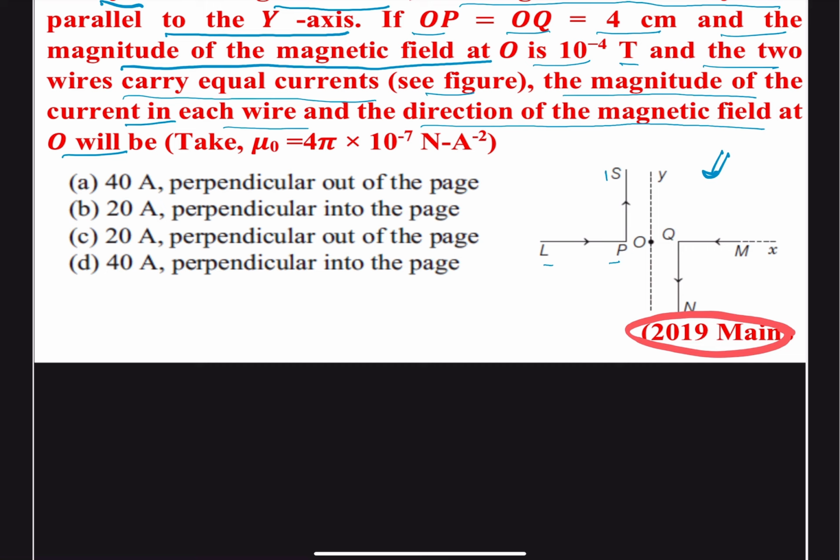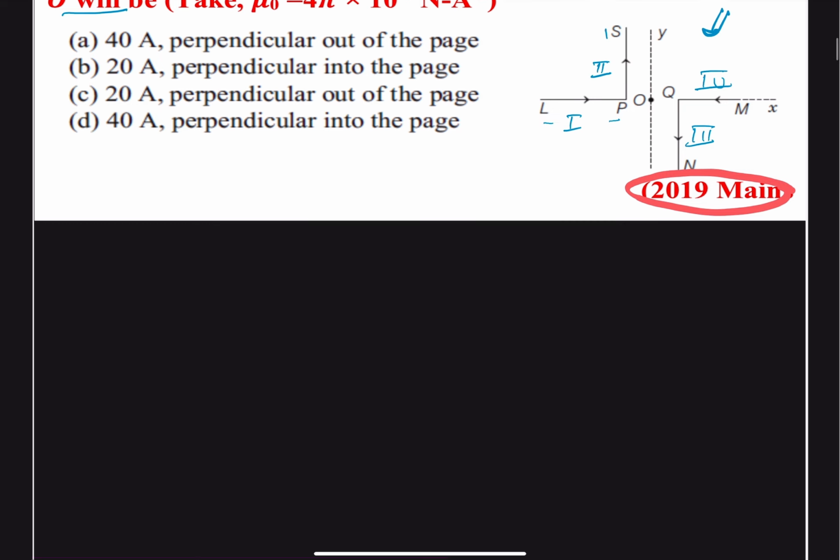We can call LP as first, PS will be our second, QN we can call as third, and QM we can call as fourth. And the net magnetic field because of both these wires at center O is given to us. So we can write that the magnetic field due to an infinite straight wire at a distance r is given as mu naught I upon 2 pi r.